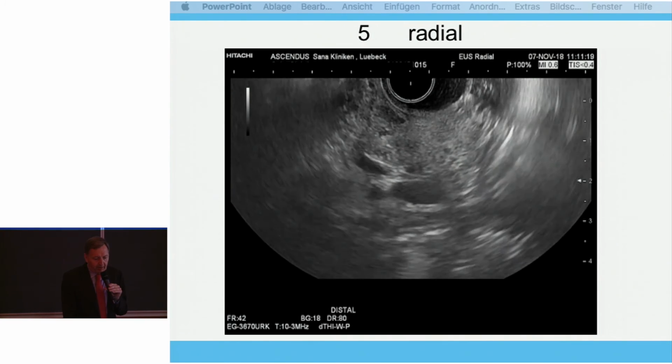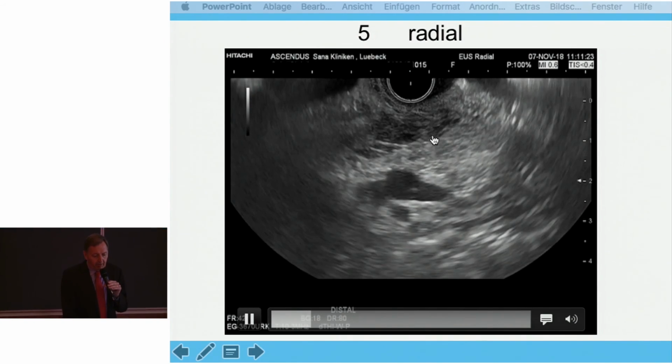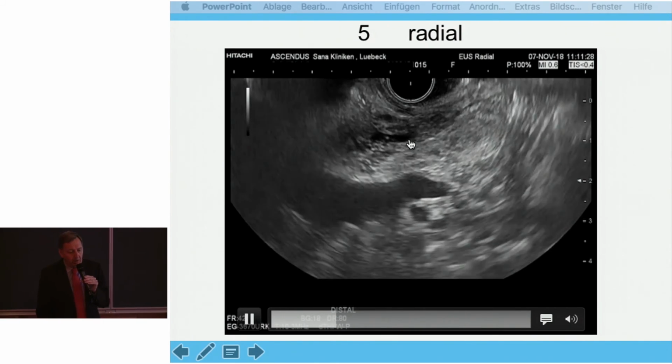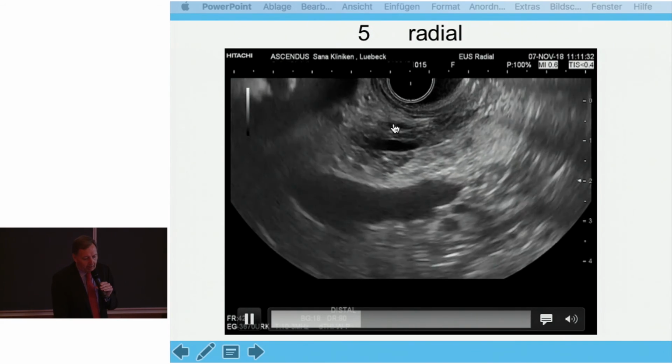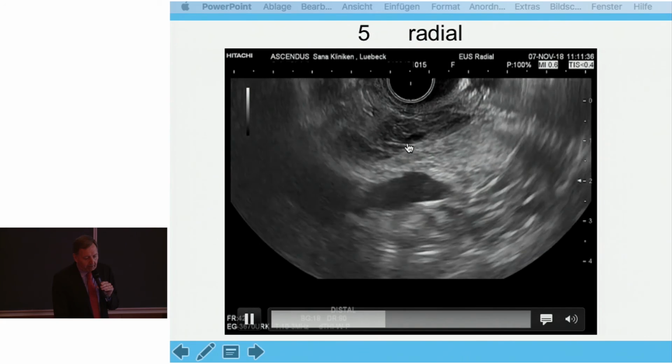So in radial scanning, you see first the deep parts of the pancreas, and then the very typical image of the echopure ventral part of the pancreatic head, together with the pancreatic duct, and in front, close to the transducer, the common bile duct.